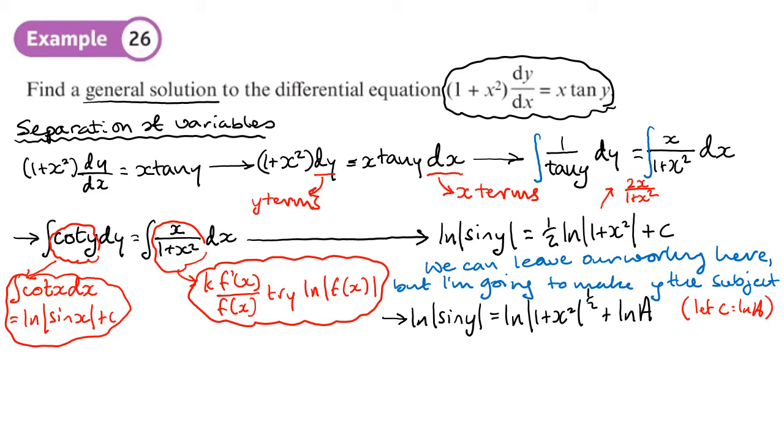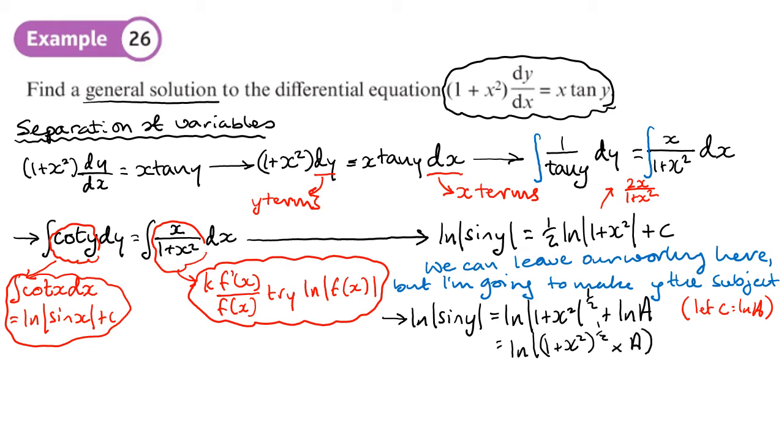Now the reason I've done that is it will allow me to put everything together, or at least what's on the right hand side. So this will become the natural log of 1 plus x squared to the power half times by a.